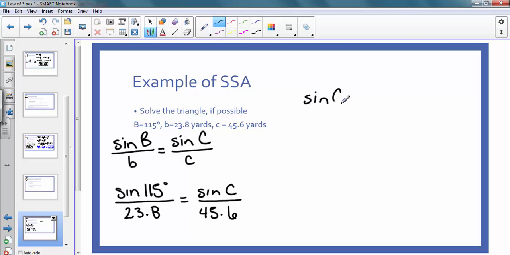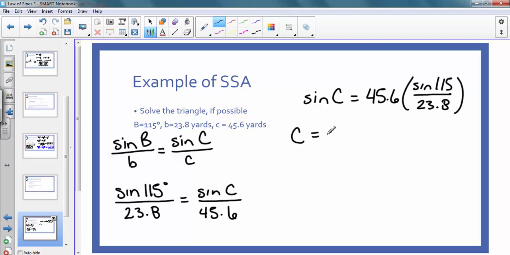So solving for my angle C, I get sine of C equals 45.6 times the sine of 115 divided by 23.8. And then again, to solve for my angle C, I need to take the sine inverse of both sides.